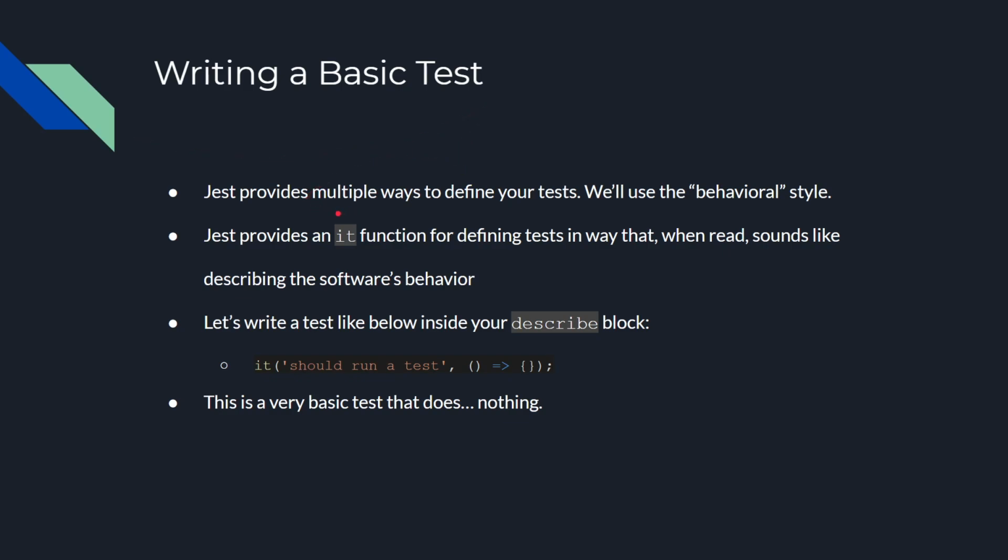So Jest provides an it function for writing your tests. And the reason it's called it is because Jest wants to sound like you're reading English. So let's say you have a describe block that says describe car tests, it, and then the test name is should open a door, right?